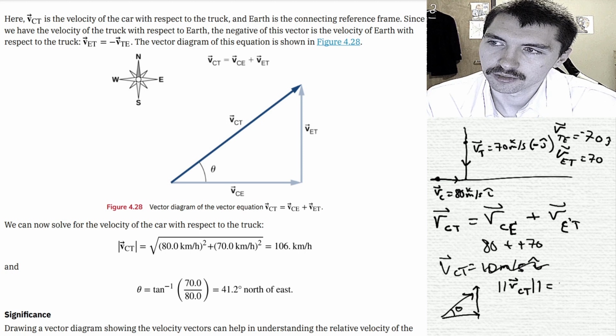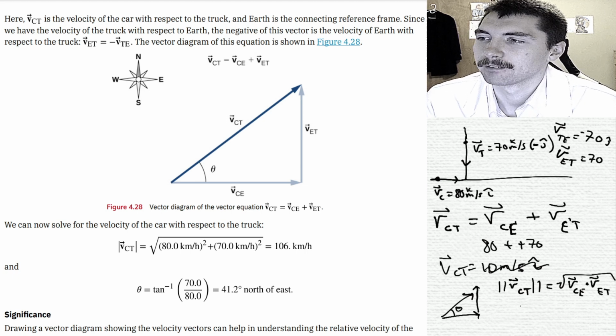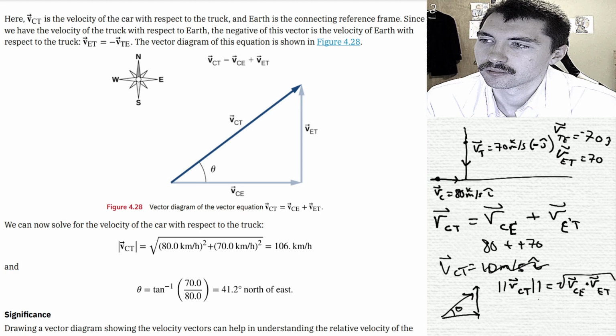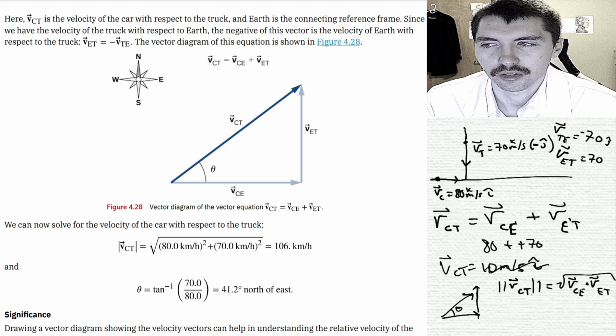So it's going to be the square root of VCE dot V. Okay, so that's not, is that right? I don't think that's right.